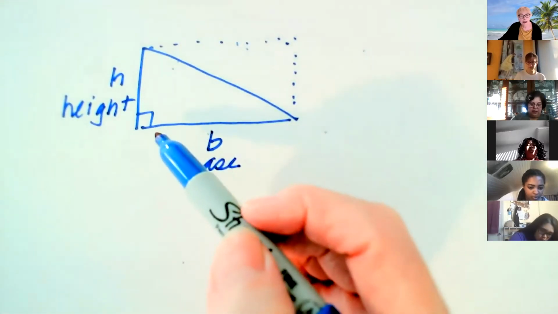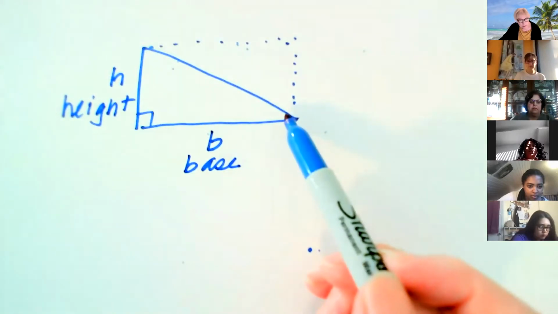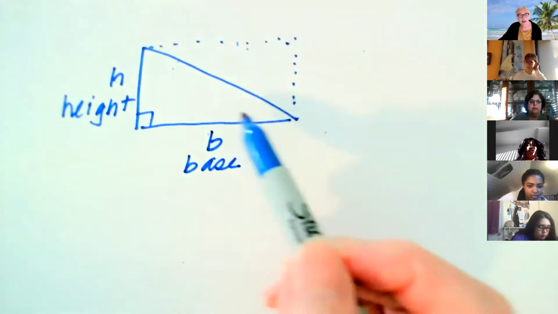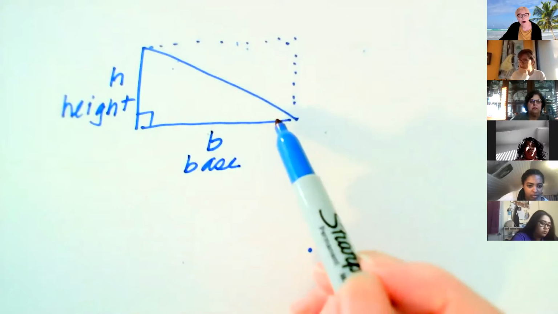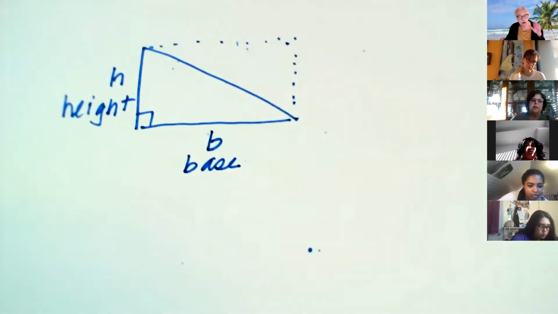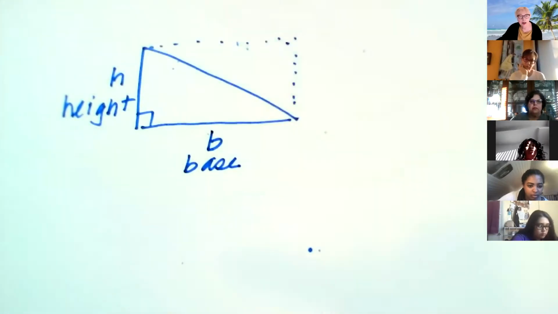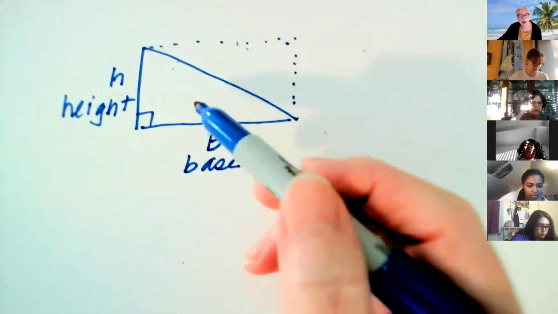Now the measurement of the height has to be perpendicular to the base. So it's as if there is this big cardboard box that you were trying to push through a door, and you're really interested in how high it is so that it'll fit under the door. I don't know if that's working for you.